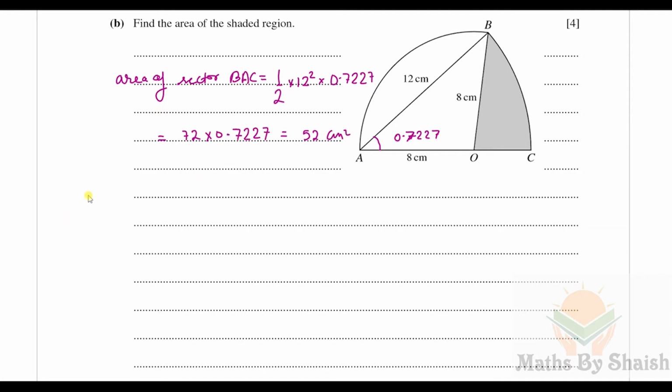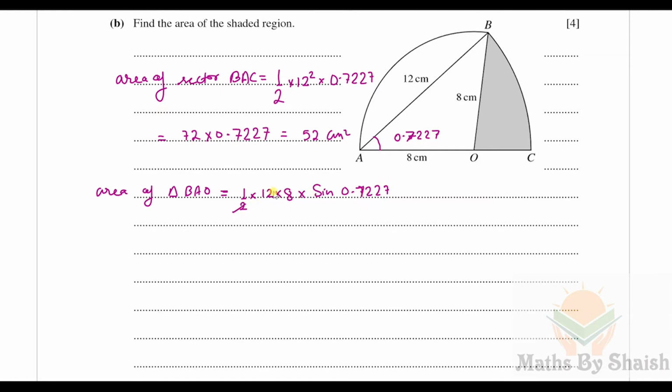Now we'll find the area of triangle BAO, and it is going to be, by the area formula, half into the two consecutive sides 12 and 8 into sine of the angle, that is 0.7227.